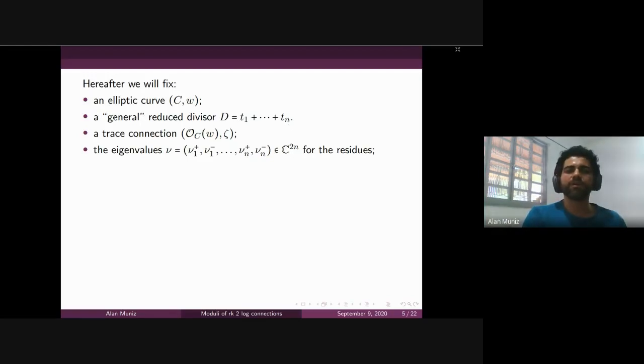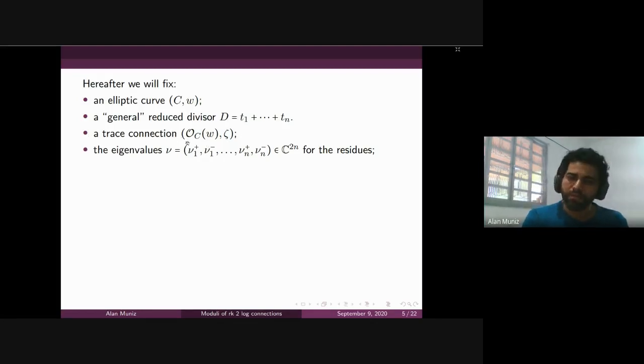By general here, we mean that when you see these points in the group structure of C, these points are not 2-torsion. That is, if you take twice any of these points, it cannot be equivalent to W. We fix a trace connection.